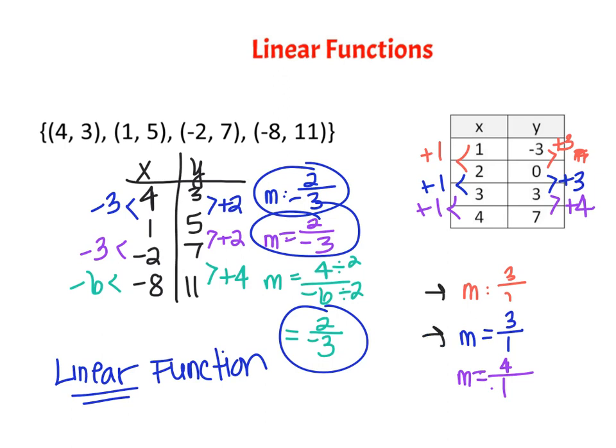Yes, the first two have a slope of 3, but since the last set of points, there's an increase of 4 that time, it is non-linear. It is a function because each x value only has one y value, so it's a function. It's just not a linear function because my slopes are not all of the same.